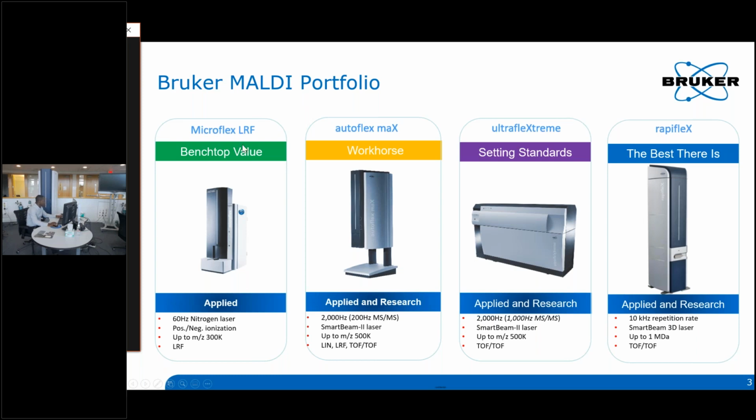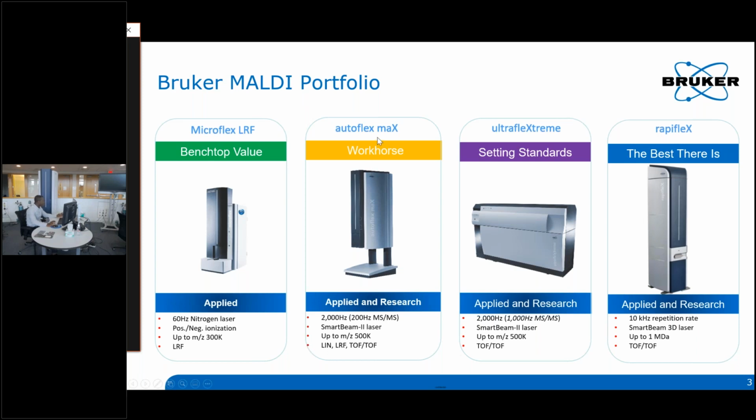We have the Microflex, which is our walk-up benchtop MALDI instrument, and it's a great option for simple polymer analysis experiments such as molecular weight determination, quality control experiments, or intact protein determination. It's very small, so it doesn't take too much space in a lab. Equipped with a 60 Hertz nitrogen laser, it can be operated in positive and negative ion mode, and goes up to 300 kilodalton mass.